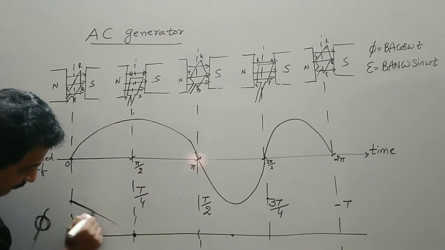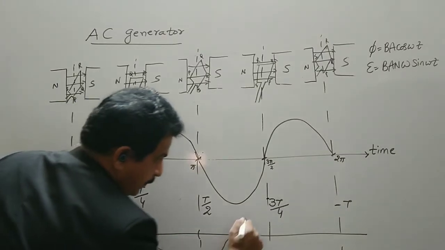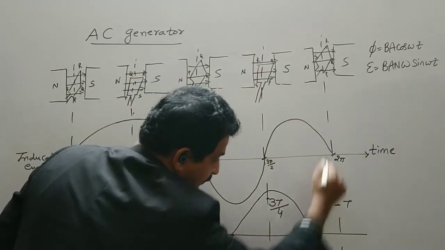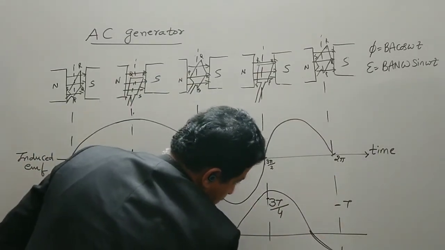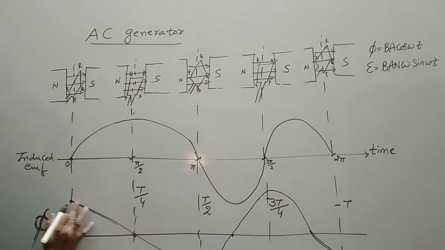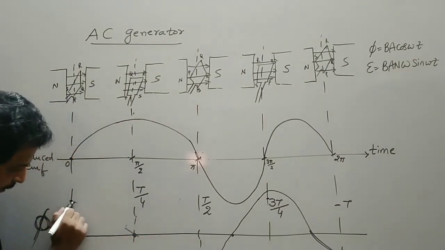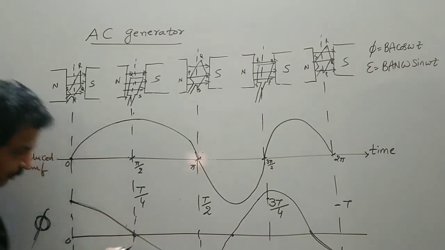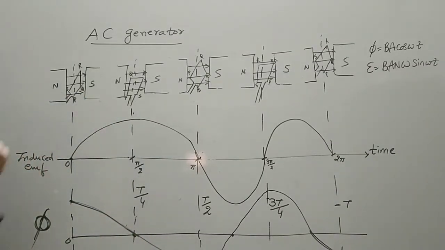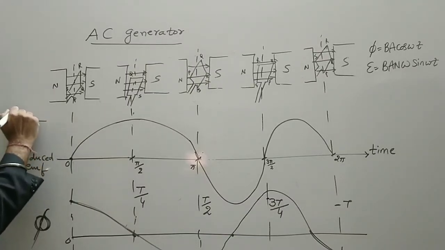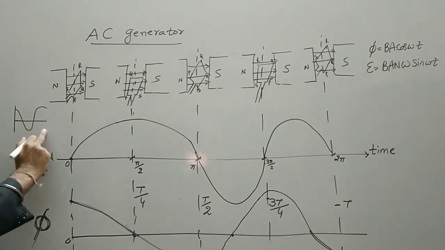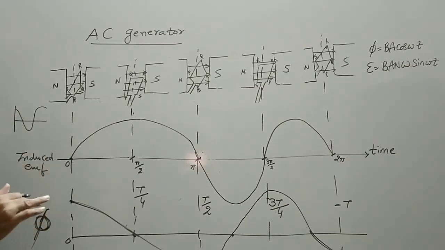We know the cosine graph is opposite to this. So maximum, minimum. This will be the graph of cos. You can draw with a scale, and a proper curve should be drawn. So one is the sine graph and the other is the cosine graph. This is the graph for the flux. One increases, the other will decrease.